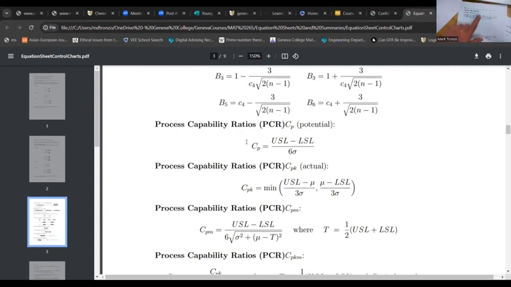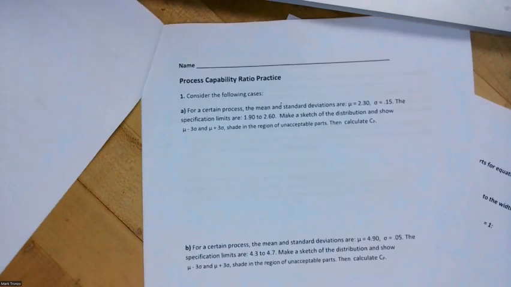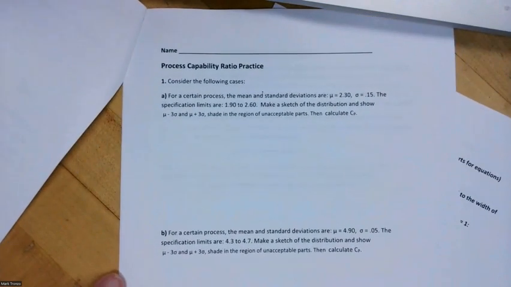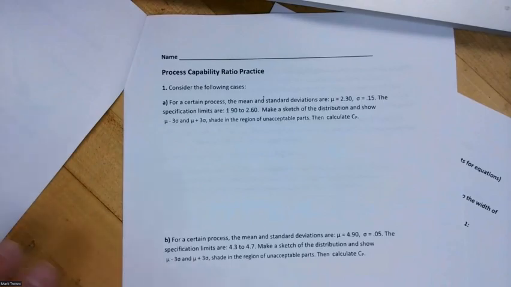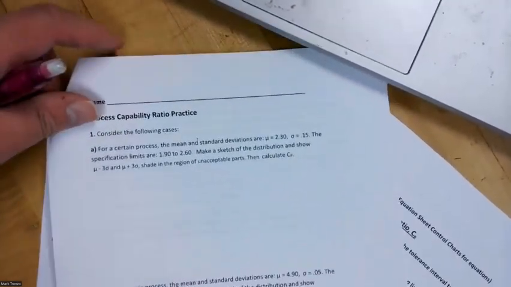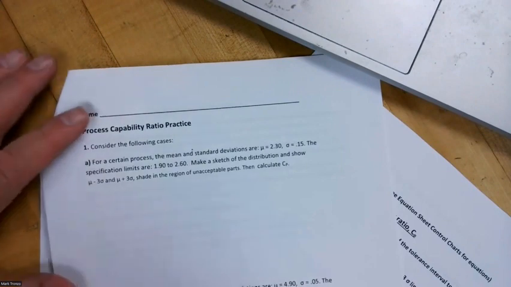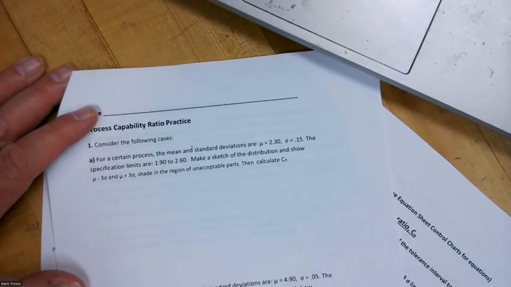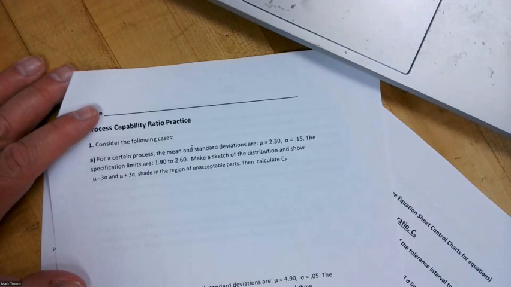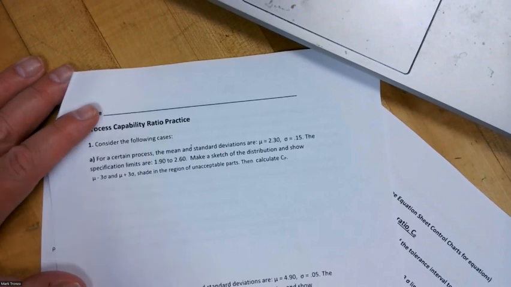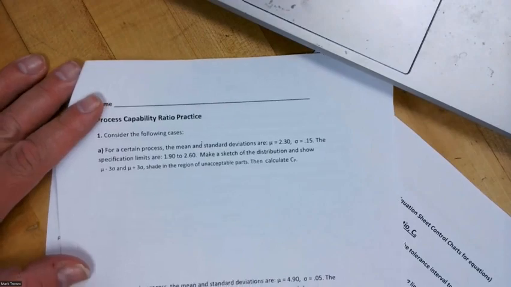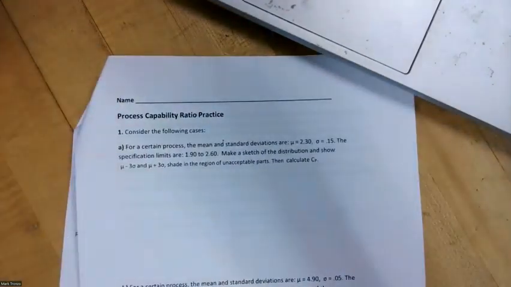This is the mean. Do this here. So the mean and standard deviation are 2.3 and 0.5. Again, take a minute to think about what a little sketch of that would look like.